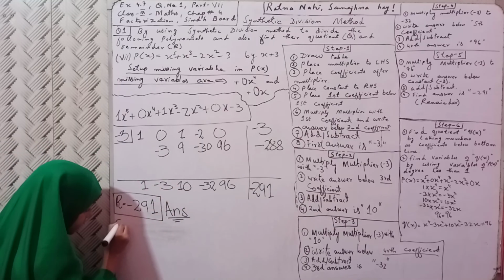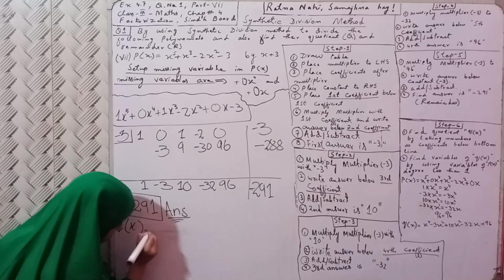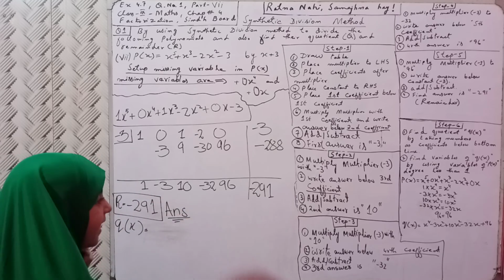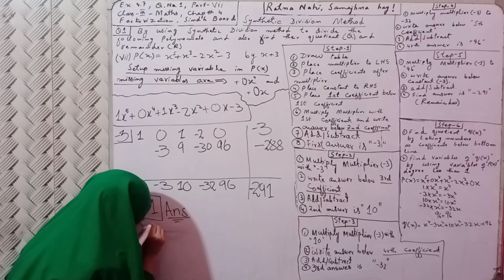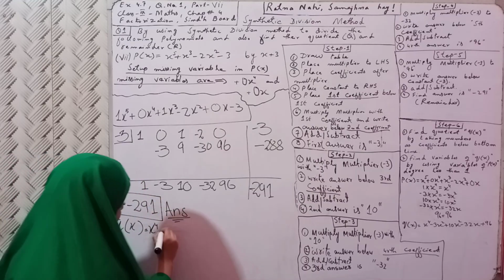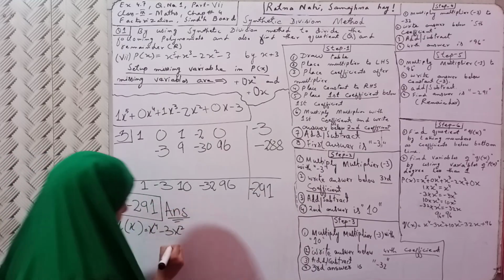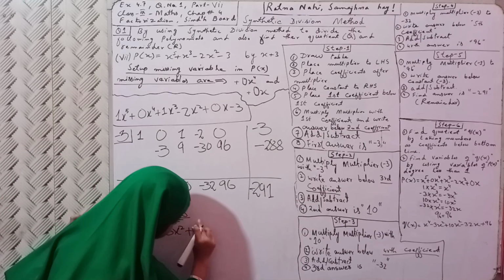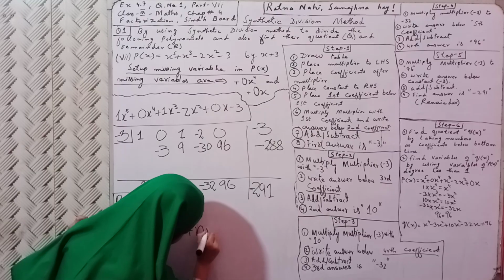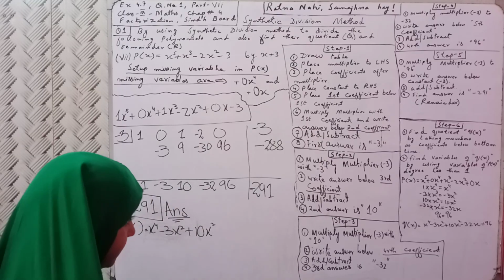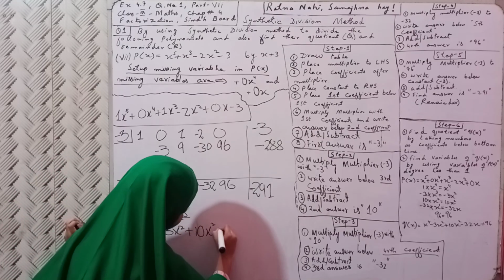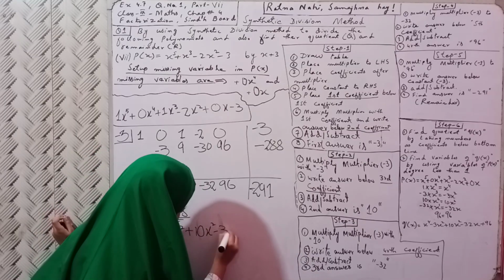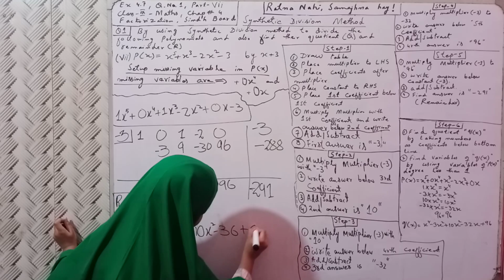So Q(x) is equal to x power 4 minus 3x square plus 10x square minus 32x plus 96.